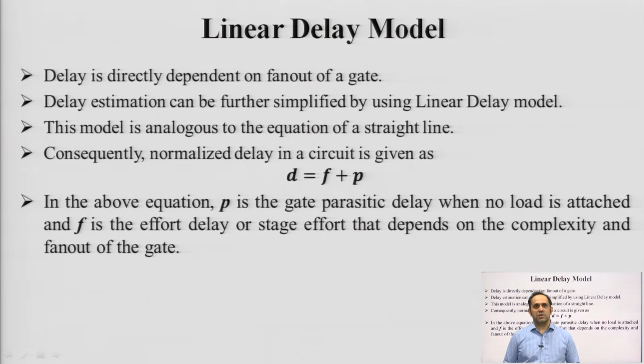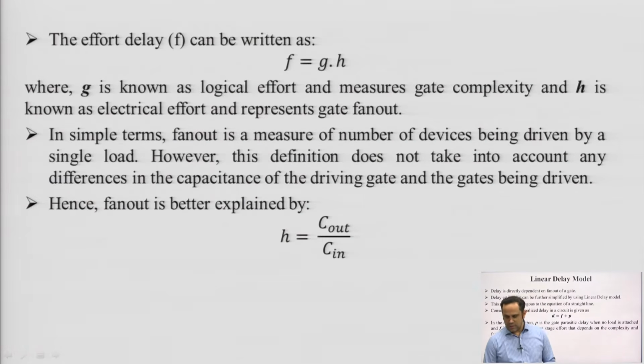In the above equation, d obviously is your normalized delay, p is the gate parasitic delay, the delay when no load is attached. So, if a gate is not driving any other gate, that is what is known as the parasitic delay. F means effort delay or stage effort, and that is basically a measure of complexity and fan out.